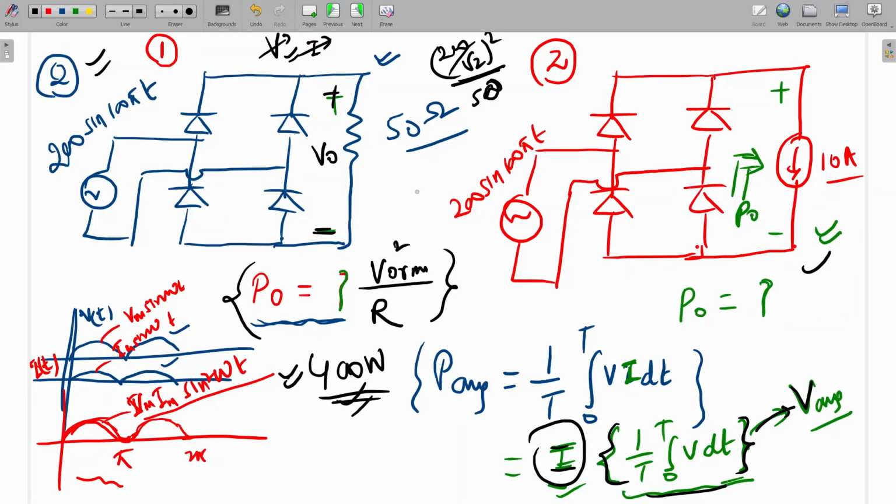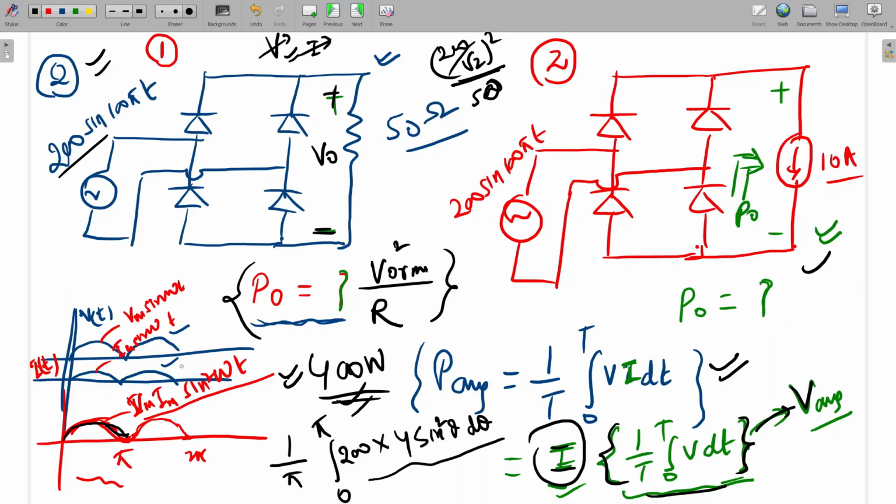Why RMS? I am going to prove it with this waveform. So what is the average? This is the basic formula. So here we can do 1 by pi, 0 to pi, Vm Im. Vm is 200. What will be the Im value? 200 by 50, that is 4. So 200 into 4 into sine square theta d theta.